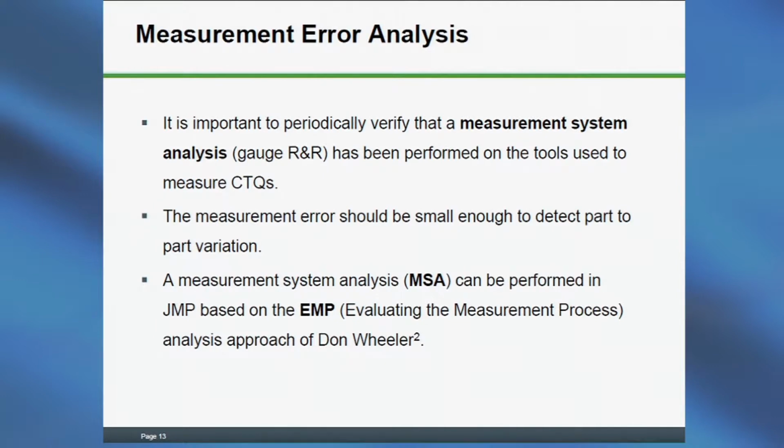Now, it's important to periodically verify that the measurement system analysis, what we call gauge R&R, has been performed on the tools used to measure the CTQs. This was critical to make sure that we had consistent tools that were measuring the CTQs very accurately. You want your tools to have a measurement error that's small relative to the differences that you're seeing in the product.